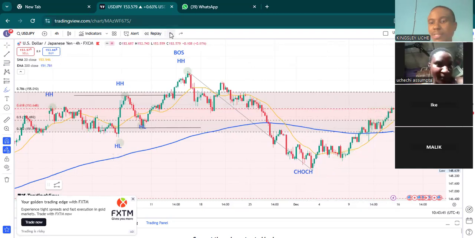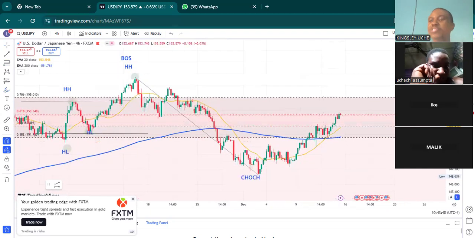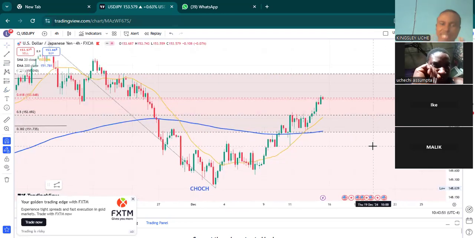Now we have the first phase finished, and we are moving to the second phase of this strategy. The second phase is where we have candlestick formation. With the candlestick formation, we get to see entries, either on the buying side or the selling side.